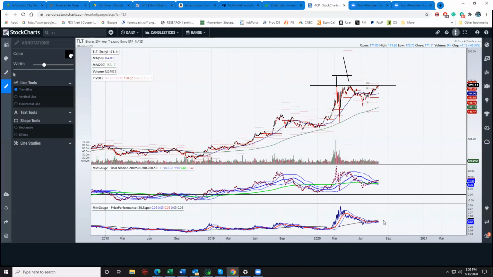Now, what's interesting is that at the moment, TLT is underperforming the S&P, so that is more of a risk-on indication, despite this overall strength, right? Because we had this sell-off here down to June.